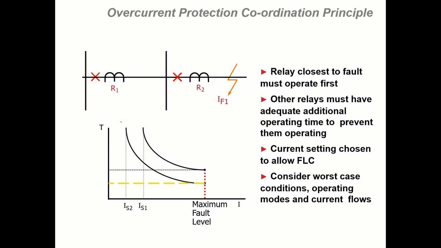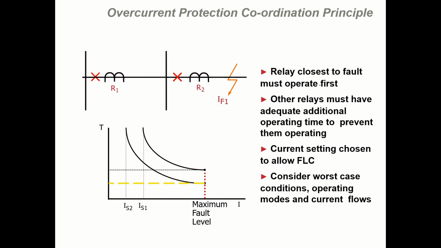So if this is the characteristic of R2, this will be the characteristic of R1. Now suppose this is the fault current IF1. For this fault current, this is the time of operation of relay R2 and this is the time of operation of relay R1. So every time, the time of operation of relay R1 will be higher as compared to that of relay R2.